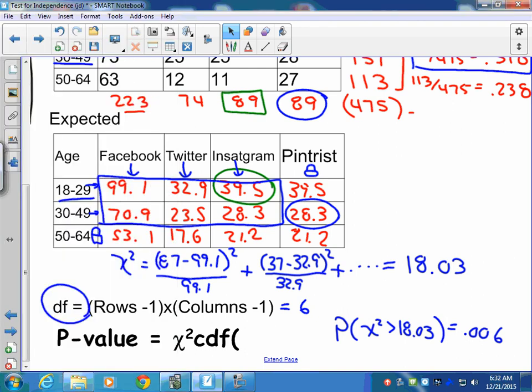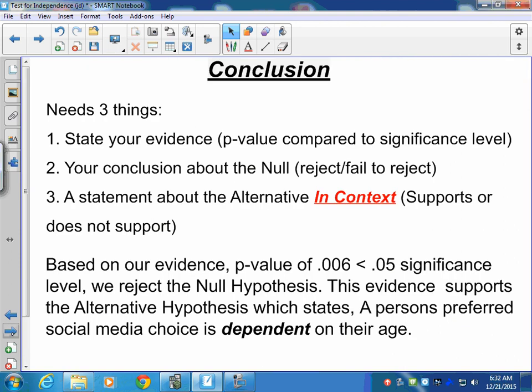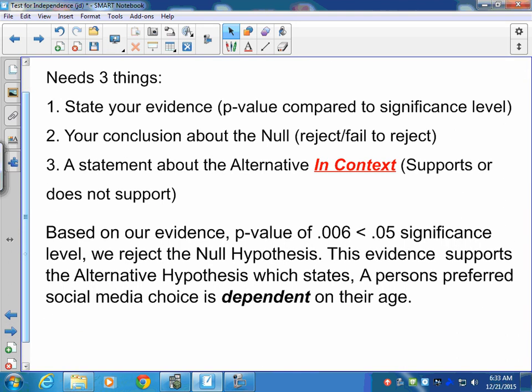Okay, so now we've verified our assumptions, we've done our null and alternative hypothesis, we've finished our calculations, and then every problem finishes up with the same thing, our conclusion. Remember, you always have to state your evidence. Probability value of 0.006, less than a 0.05 significance level.